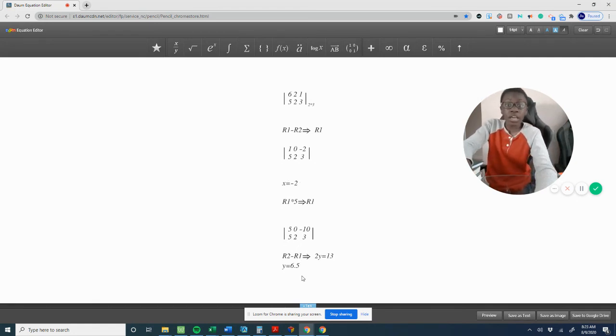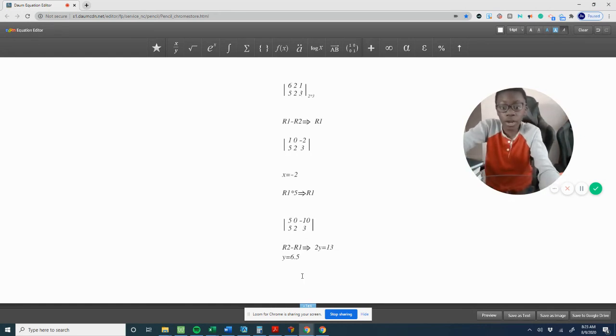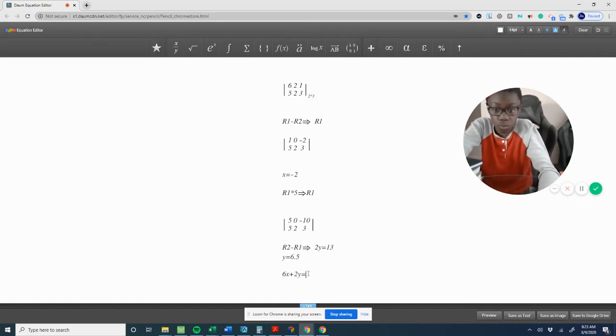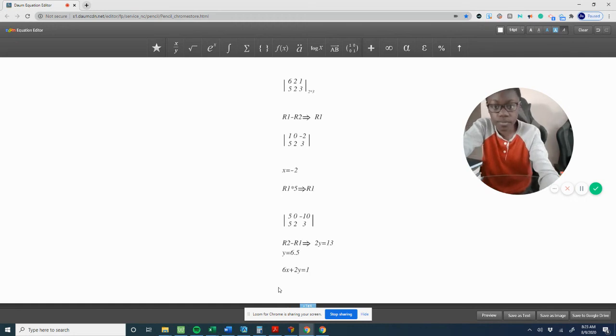So basically, what we did here is find the place where the two linear equations intersect, where we have 6x plus 2y equals 1, and 5x plus 2y equals 3.